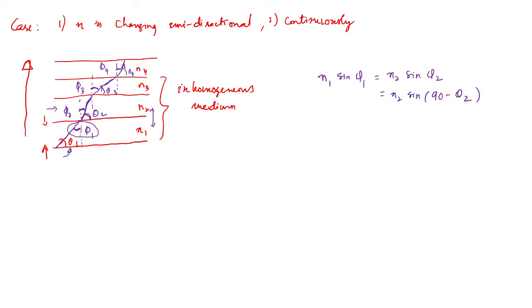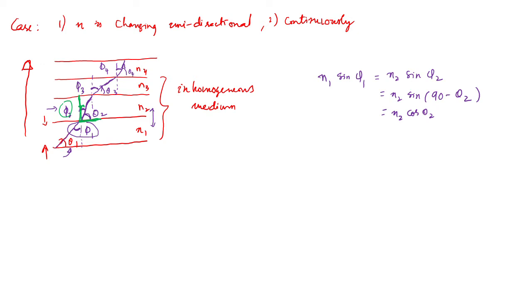You see that this is a right angle, so if I want phi 2, which is this angle, I can write it as 90 minus theta 2. That's what we did here, and you know that sine of 90 minus theta is cosine theta.